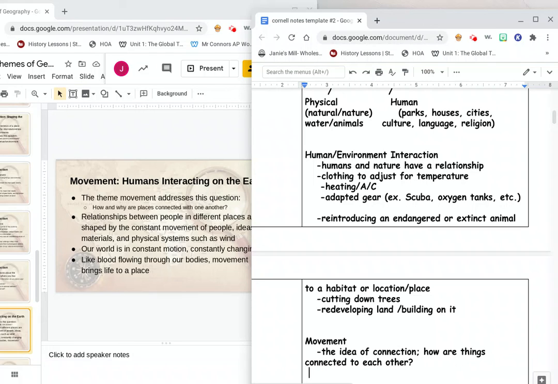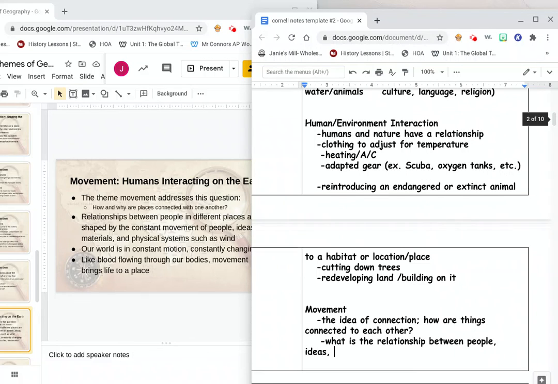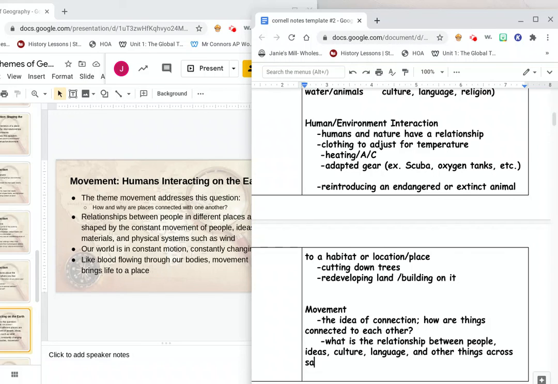So actually that's going on to the next bullet point. What is the relationship between people, ideas, culture, language, and other things across space?